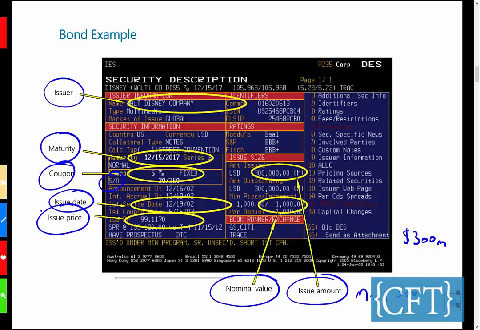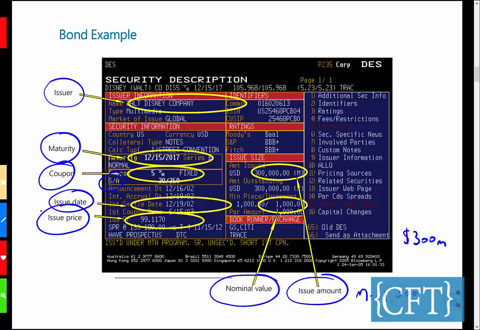Now, paying $99 for something you get $1,000 back in only 5 years' time is a pretty good deal. Well, actually it's too good to be true, because actually when quoting prices of bonds, we quote the price per 100 of nominal value. So I mean the price of this at issue was $99.117 for every $100 of nominal value.